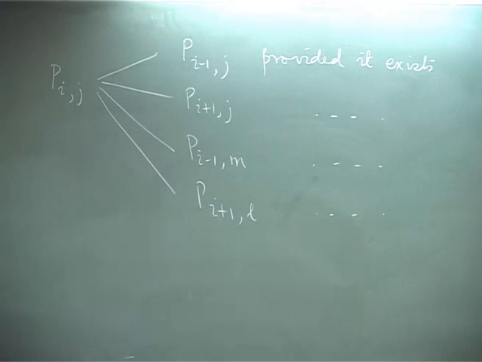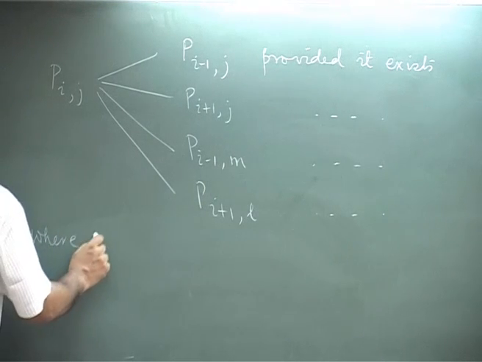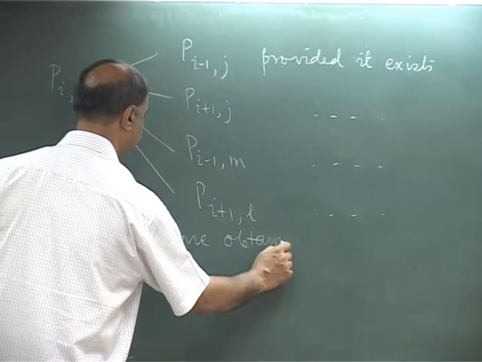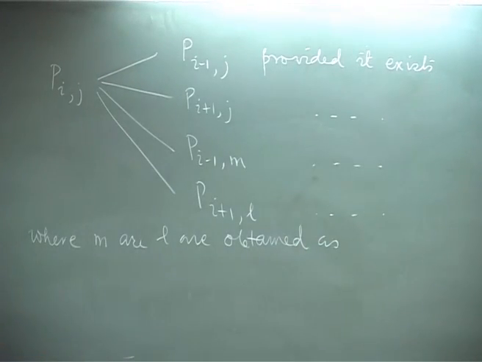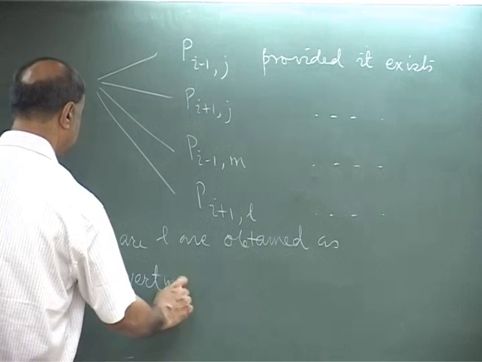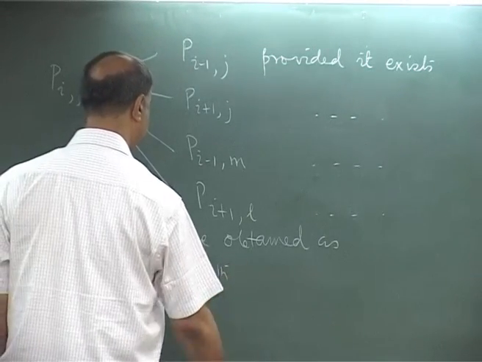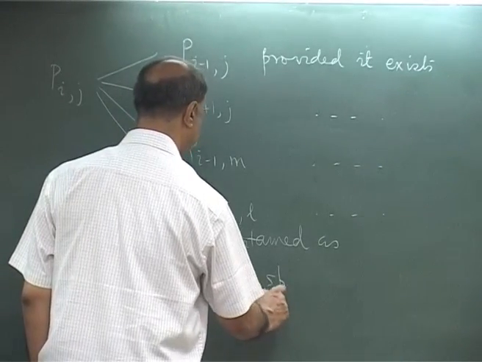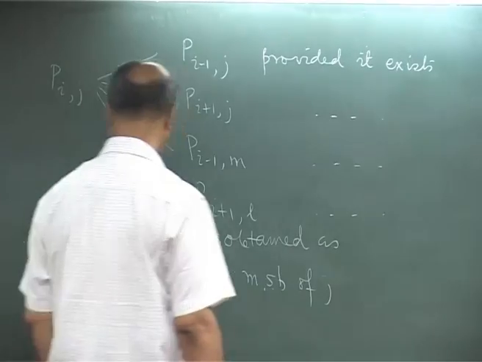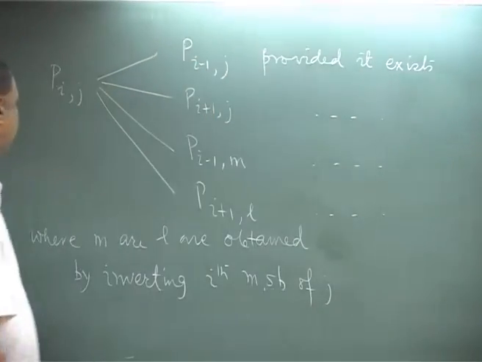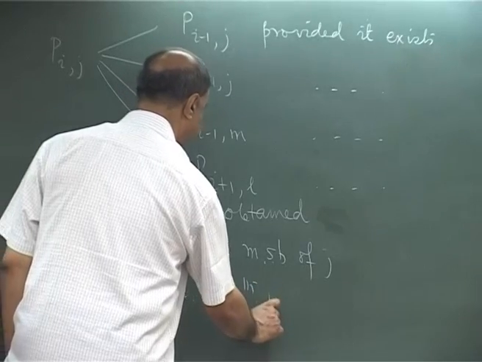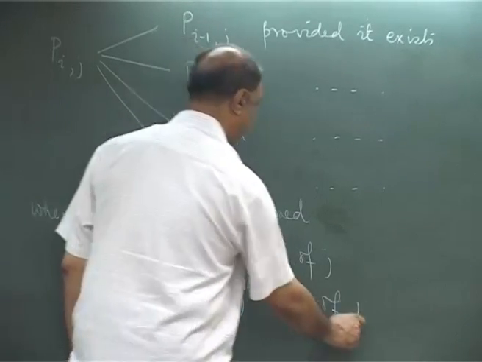Where m and l are obtained as follows: m is obtained by inverting the ith MSB of j, and l is obtained by inverting the ith MSB and the (i minus 1)th MSB of j respectively.